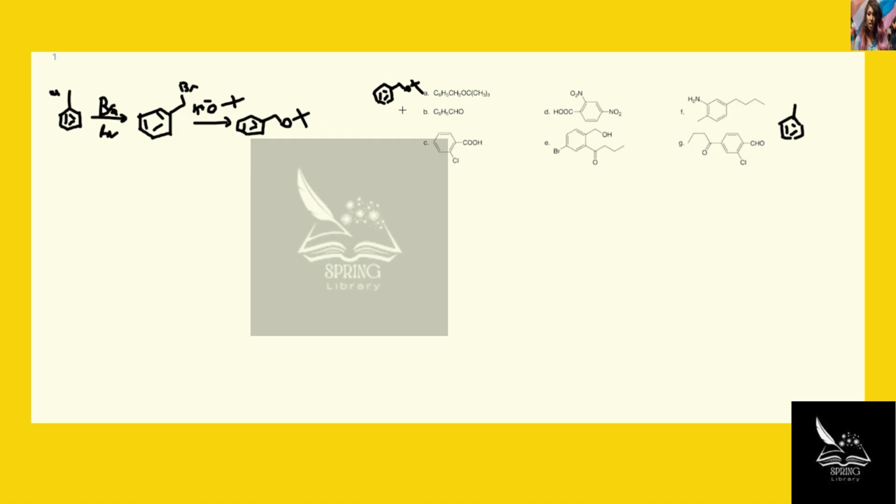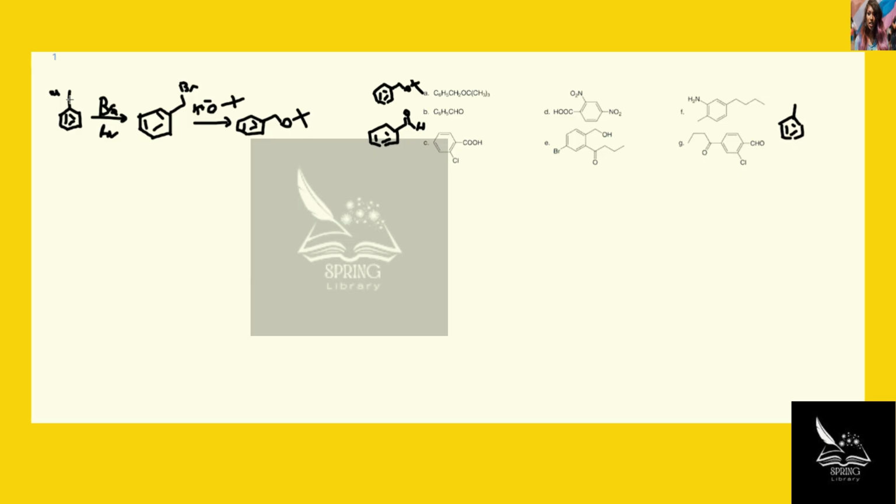What about B? So let's draw B out just so we can visualize this better. So B, we have a benzene with an aldehyde. So we're starting with something that has a carbon here.